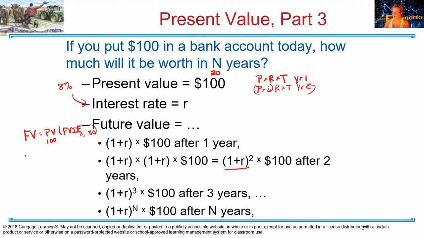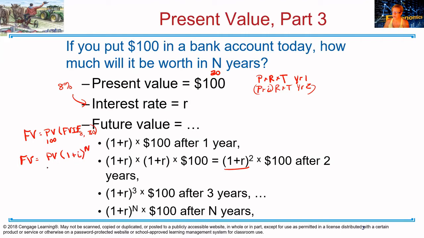We can say the future value is equal to the present value times 1 plus the interest rate to a given time period.